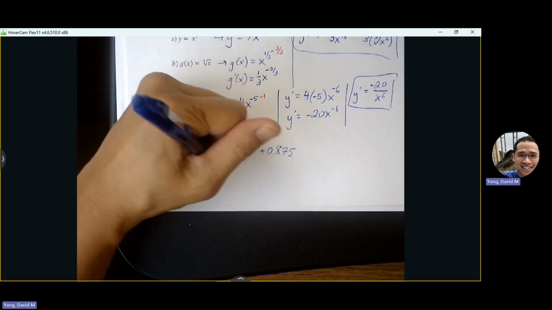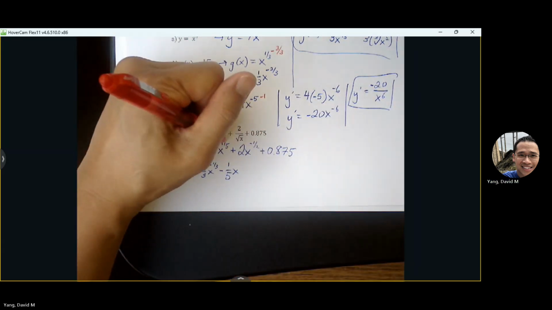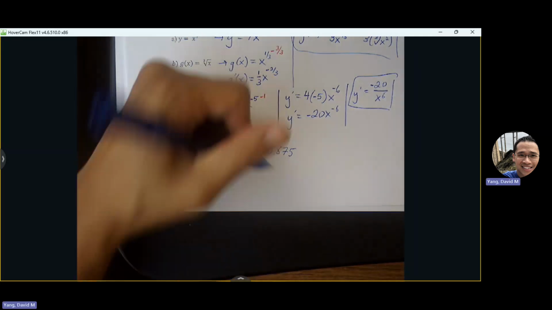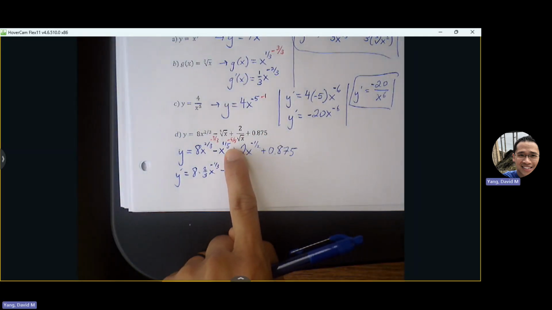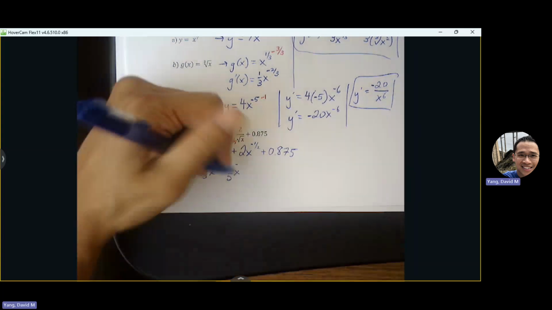We bring down the 1/5. What's my new exponent? Negative 1/5 minus 5/5. Negative what? 4/5. Okay.